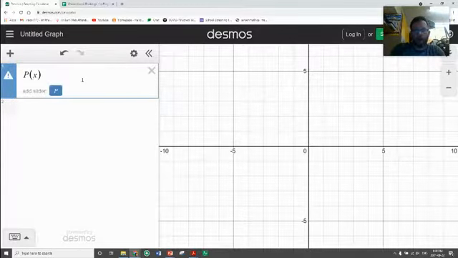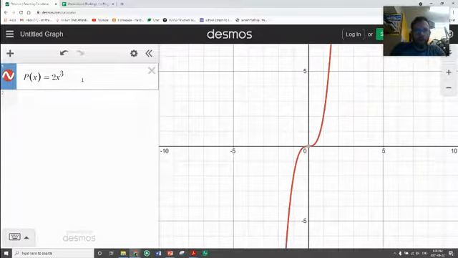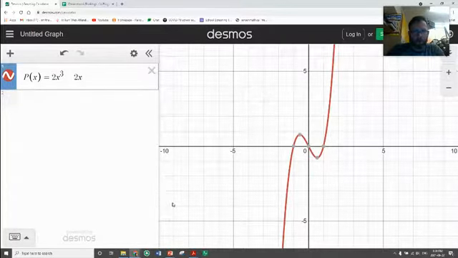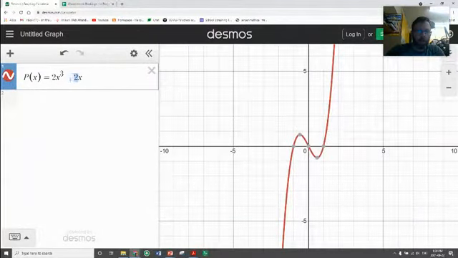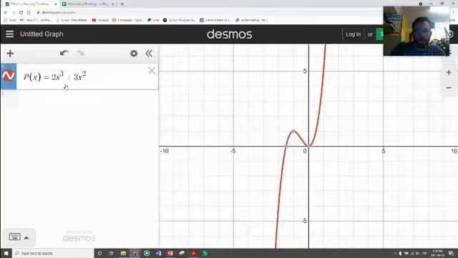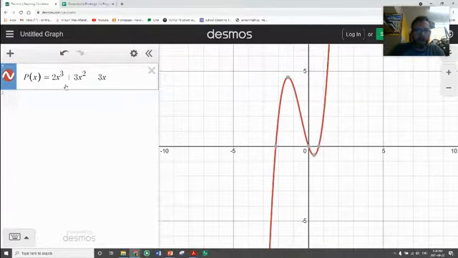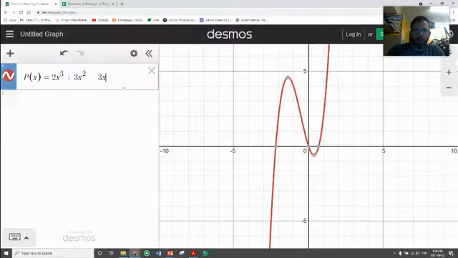So for us, it was p of x equals 2x cubed minus 2x squared plus 3x squared, minus 3x, oh, my memory is terrible, minus 3x minus 2.